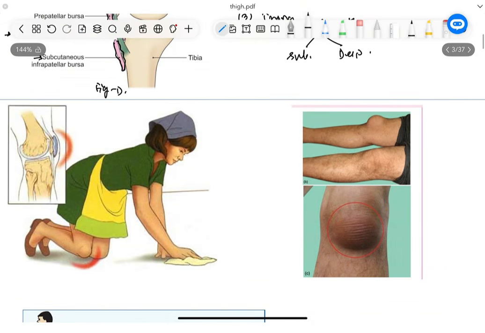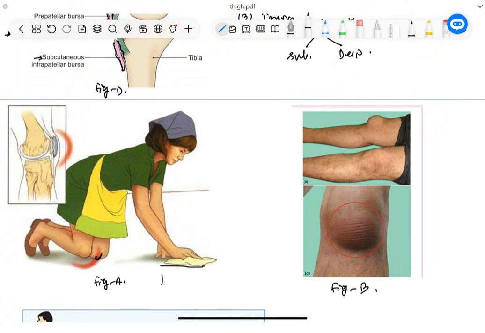Now, on the figure you can see, let us denote them figure A and this is figure B. On figure A, you can see a woman cleaning the floor by bending the knee. If a person constantly does such work, there is a possibility of irritation of the bursa, and a condition called prepatellar bursitis.